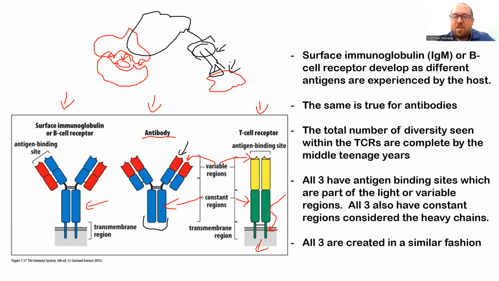Now, the interesting thing here is how exactly we get this type of variability. And without getting into too much detail, because it's a little bit beyond the scope of what this lecture is about, the variable region for antibodies and B cell receptors, as well as the variable region of the T cell receptor, exists in a locus called the VDJ locus of the immunoglobulin family.